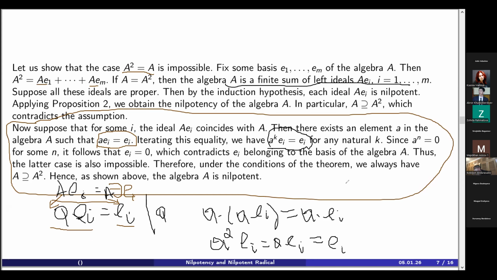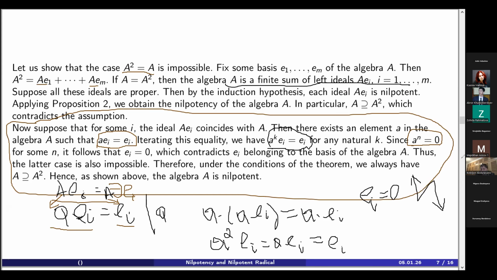This is a contradiction to nilpotency. Because A^k EI is equal to EI. So A is an element, a nilpotent element, then A^n is equal to 0. The left side is equal to 0, the right side is equal to EI.